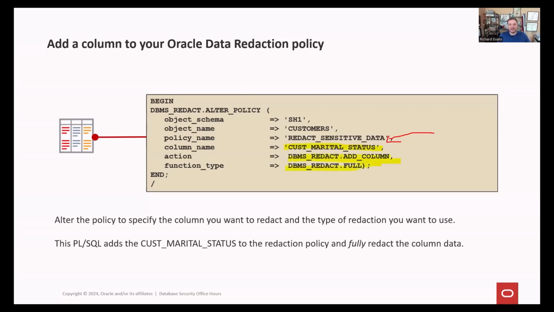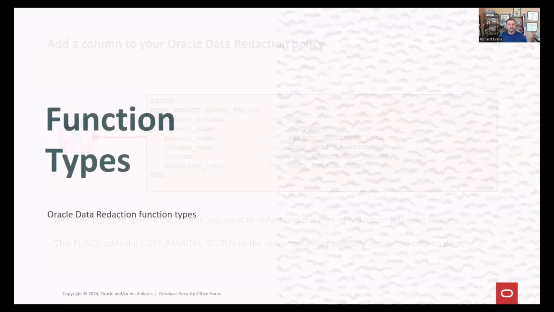And then I'm going to fully redact what data gets returned to the end user there. And we'll talk about what that means. It can return a varchar, it can return a space, it can return a date, it can return a null value. It depends on what type of function we use in there. When we use full, it's going to return just, let's say, a space if it's a varchar or a char value. Okay, so let me talk about the different types that we can put in there.